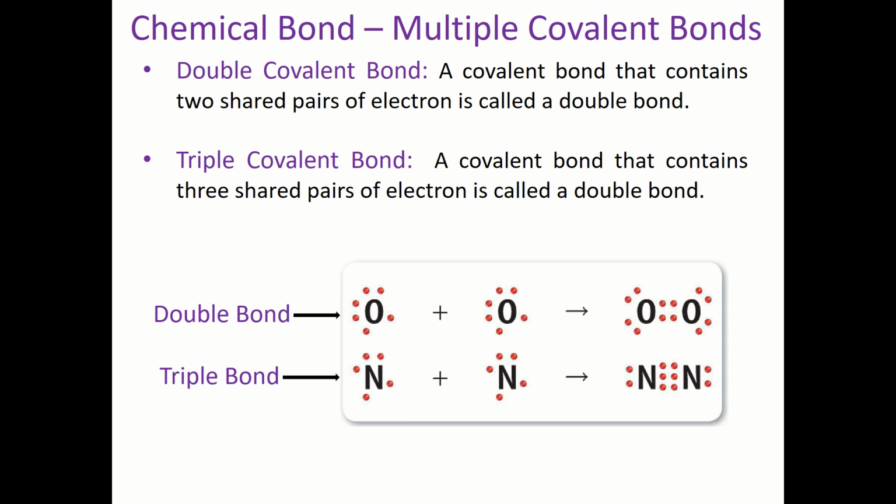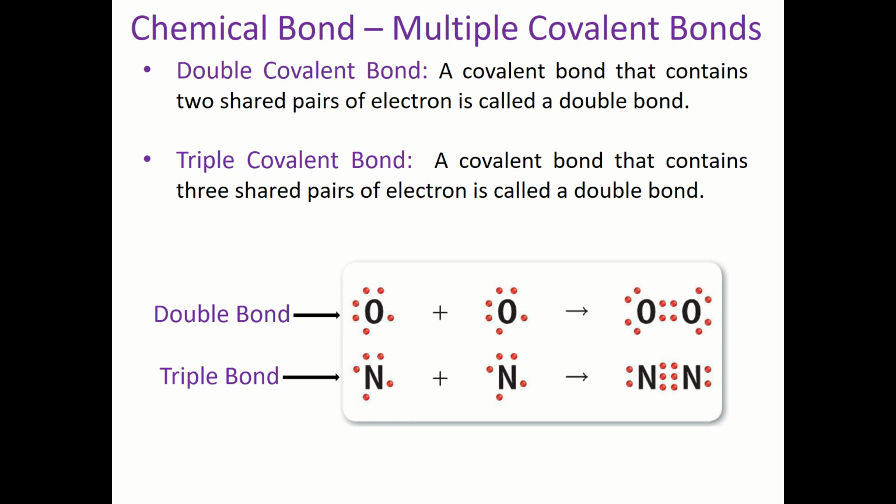That does not mean that we have 3 nitrogen atoms. It just means that each nitrogen atom is sharing 3 electrons to make this molecule. Okay, so I hope this is clear. So the covalent bond could be either a single, a double, or a triple covalent bond.